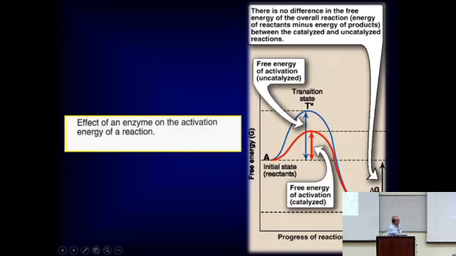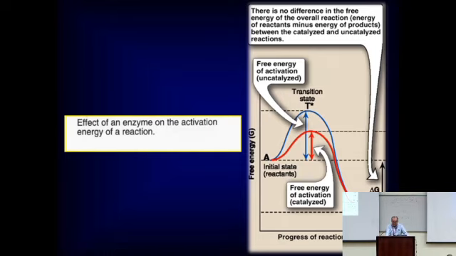You take the same reaction, add the enzyme, and note what happens. You still go from A to B, but you go through a lower transition state. The red double-headed arrow shows the activation energy has been reduced.